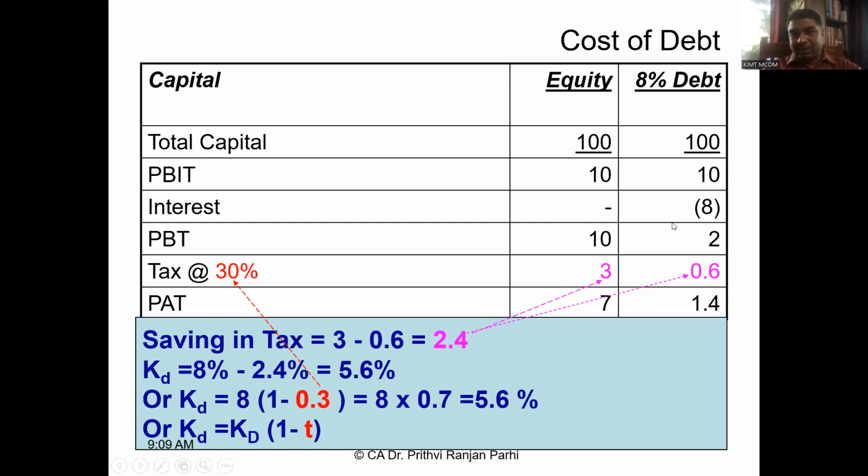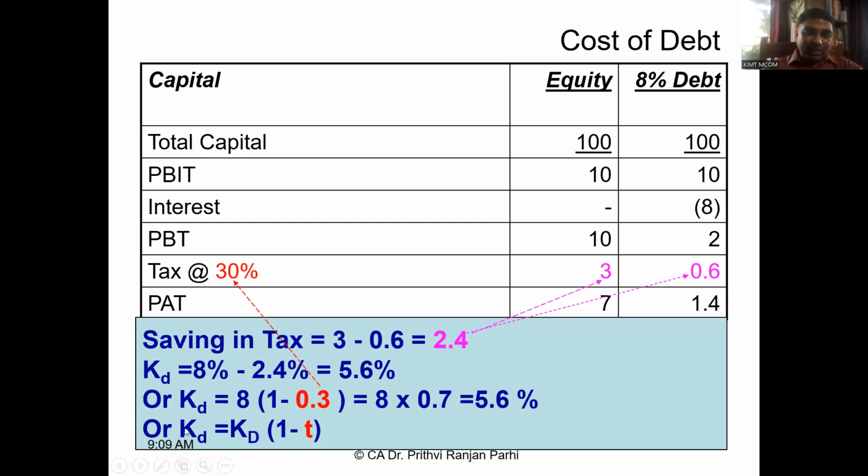And in case of debt finance, he has to pay a tax of 0.6 rupees. Therefore, there is a saving of 2.4. That will be reduced from the cost of debt. Cost of debt means interest, you see, 8 rupees is paid, but there is saving of 2.4. So effectively, 5.6 is the cost of debt.